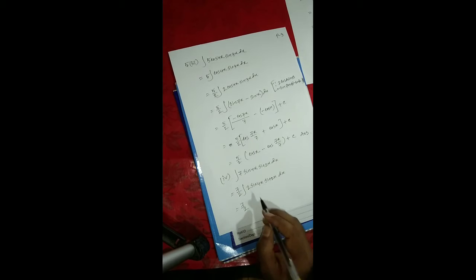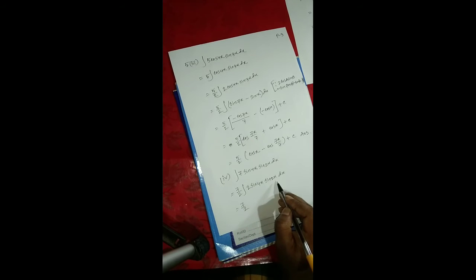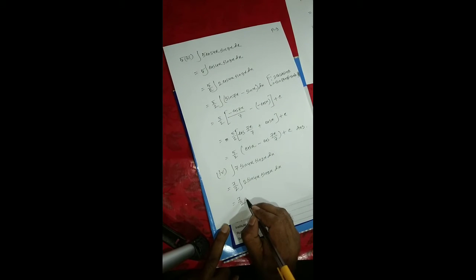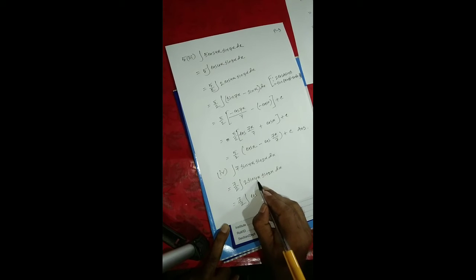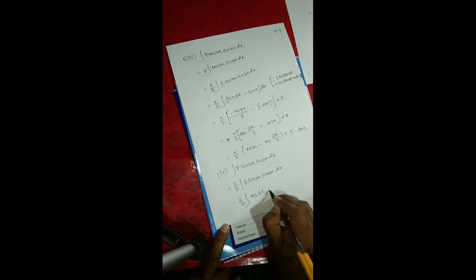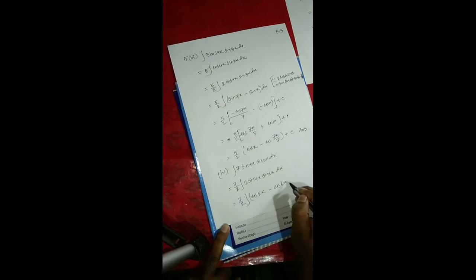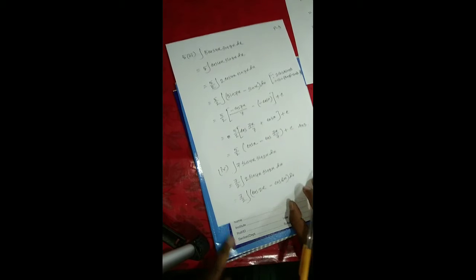Now the formula of 2 sin a sin b. Be careful of this formula. Here cos of A minus B, 4x minus 2x, just 2x, then minus cos A plus B, 4x plus 2x, 6x, whole d of x.